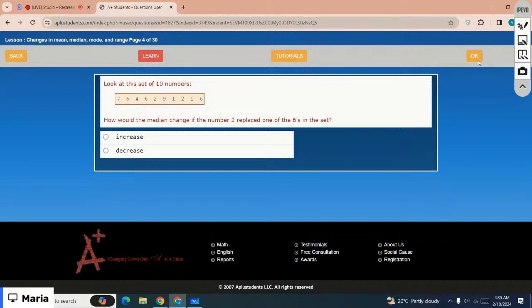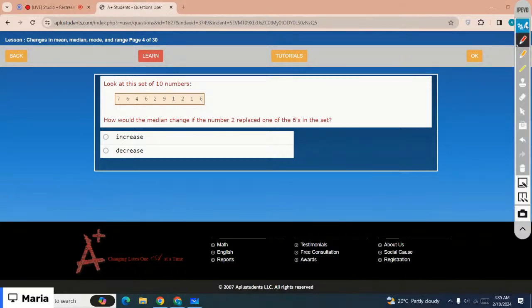Okay, look at the set of 10 numbers. How would the median change if the number 2 replaced 1 of the sixth in the set?